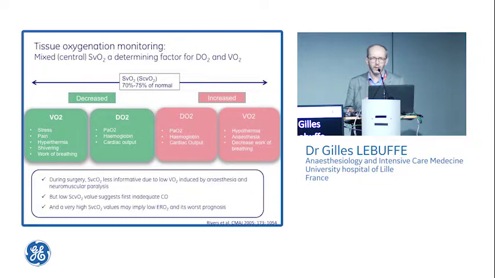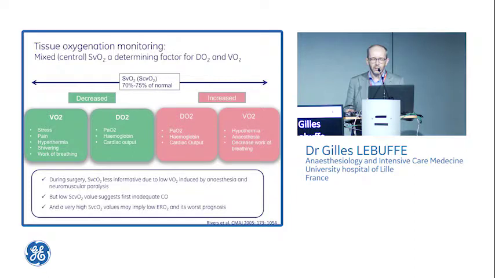ScvO2 decreases in case of an increase of oxygen uptake: stress, pain, hyperthermia, shivering, and work of breathing. ScvO2 decreases in case of a decrease of oxygen transport: hypoxemia, anemia, cardiac output failure, whatever the origin of cardiac output failure.